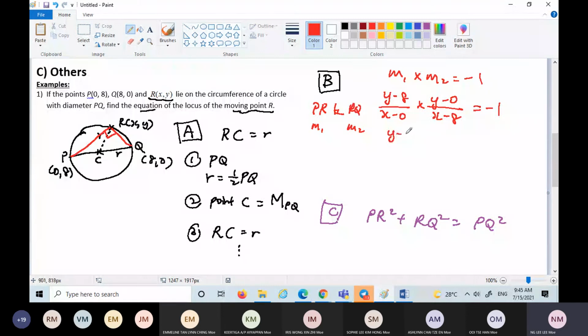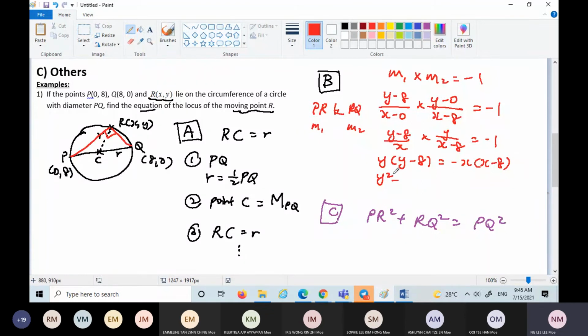So I simplify. Then I cross multiply, so the denominator I bring to the right hand side. This is the numerator. You see or not?